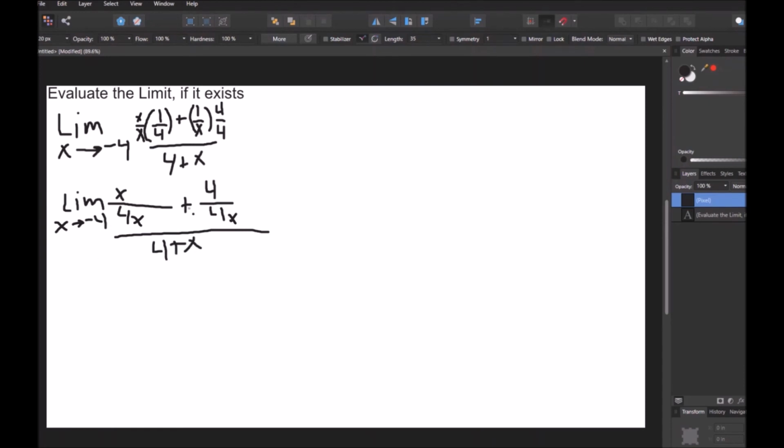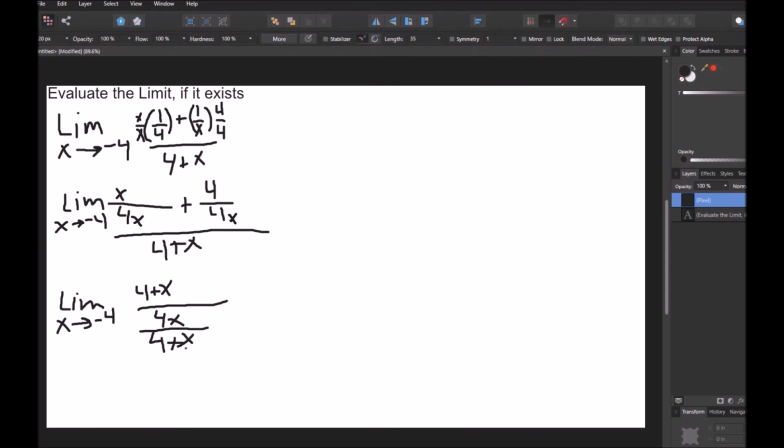Now I can combine these, so I'm going to have the limit as x approaches negative 4 of 4 plus x, which is the same thing as x plus 4 essentially. So it's going to be 4 plus x over 4x, over 4 plus x.